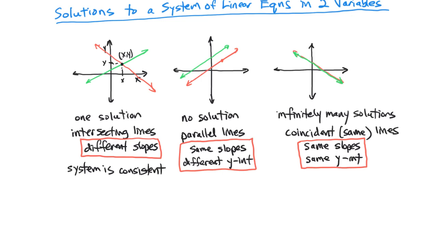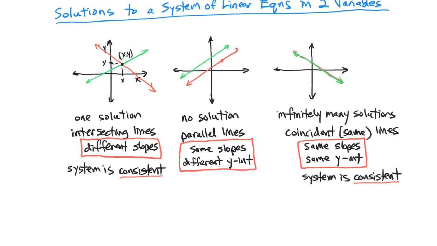So this one is also the same situation. System is consistent. If you see the book use this word consistent, it just means there is a solution. Right here there's one solution. Here there's also a solution because there's infinitely many.